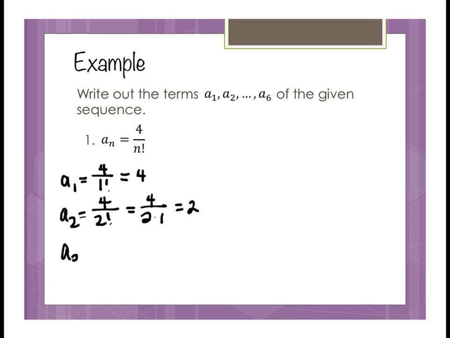The next one is a sub 3. So now I have 4 over 3 factorial, but 3 factorial is not 3. 2 factorial is 2, but 3 factorial isn't just 3. We actually have 3 times 2 times 1. So we end up getting 4 over 6 on this one, which reduces to 2/3.